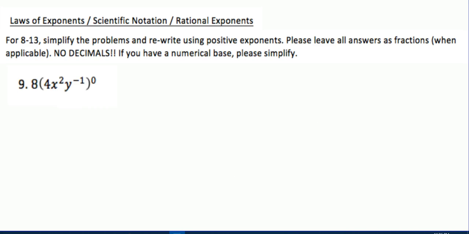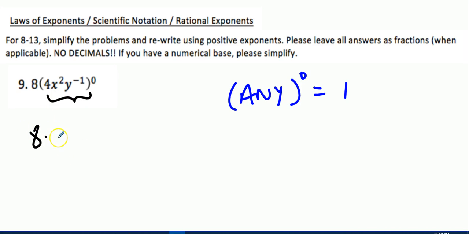Number 9. So there's a long way of doing it. You can distribute the 0 to each one and find out that each one of it is equal to 1, that all of this is equal to 1. The shortcut, when you have anything raised to a 0 power, it equals 1. So this problem simplifies to 8 times, and again, anything to the 0 power is 1.